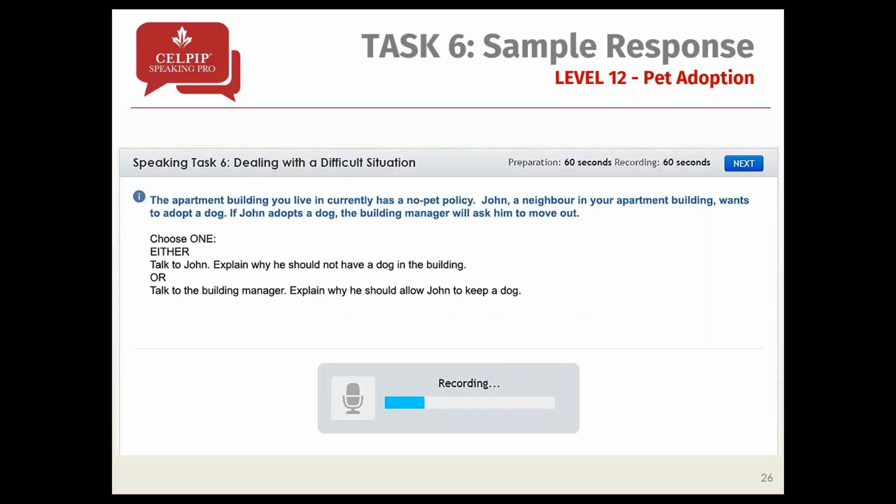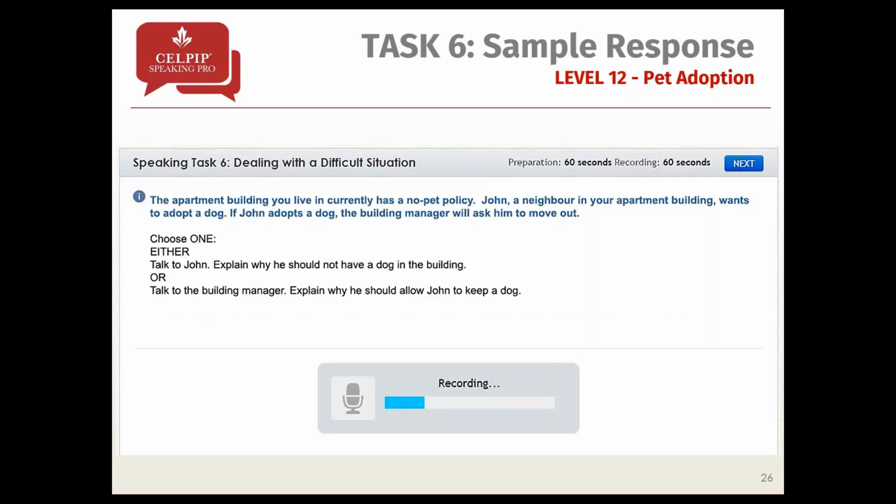So either way, it sounds to me like your focus needs to be on the things related to the dog. Okay, so yes, you can refer to the building rule, the policy, right? But the focus is on how the dog is a problem or why the dog shouldn't be a problem, okay?